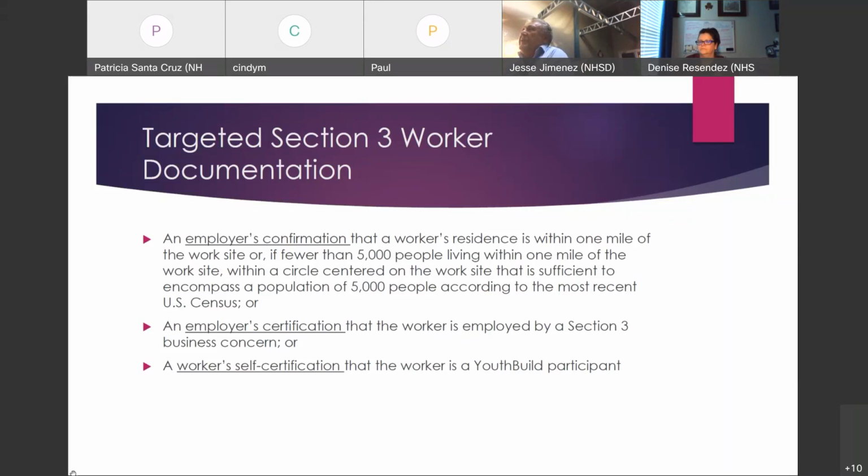So the employer would have to confirm that, or the employer could certify that the worker is employed by a Section 3 business concern. Or we could have the worker's self-certification that the worker is a YouthBuild participant.